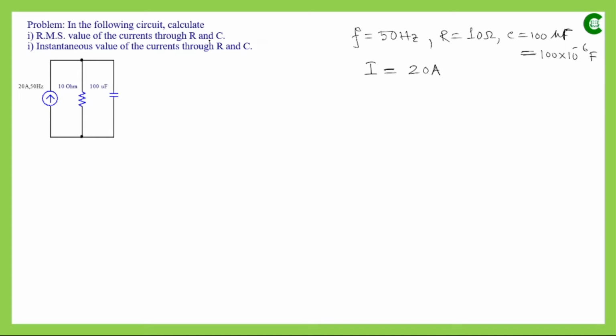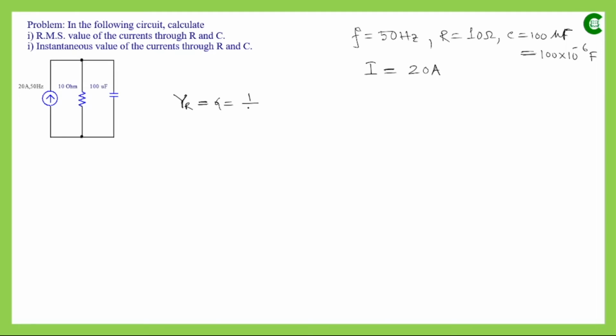So first we will calculate the individual admittance values of these parallel branches. Let's first find the admittance of the resistive branch. If we denote that as Y_R, though the admittance term doesn't quite fit with resistance, here by admittance we simply mean the conductance of that path.